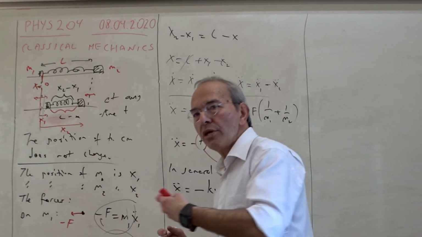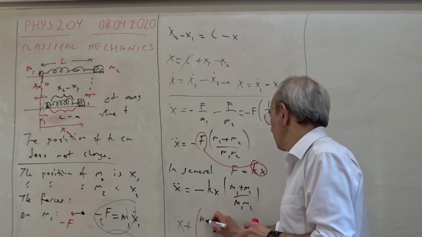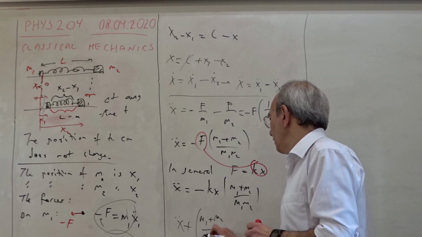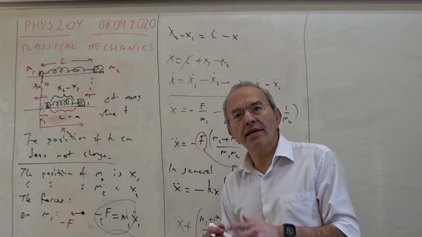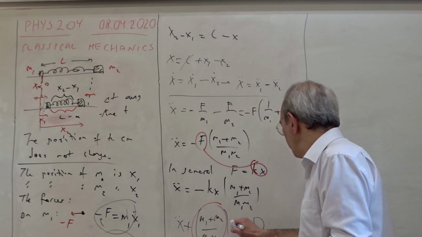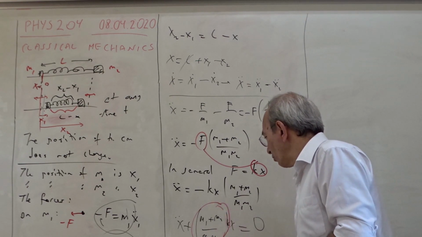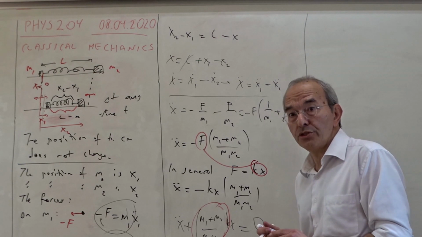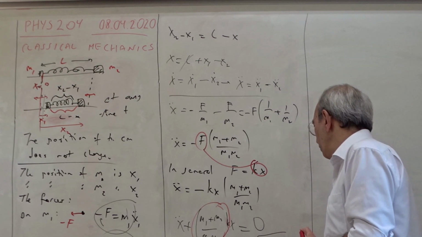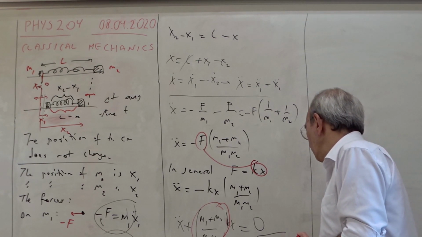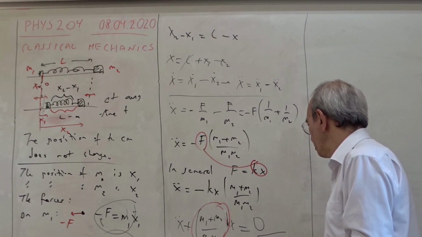Now we have the equation of a mass-spring system: x double dot plus k (m1 plus m2) divided by m1 m2 multiplied by x is equal to 0. And we immediately recognize that this term, with the k of course, don't forget this k, corresponds to our natural frequency squared. So we understand that omega 0 is the root of (m1 plus m2) divided by m1 m2 multiplied by the force constant of the spring.